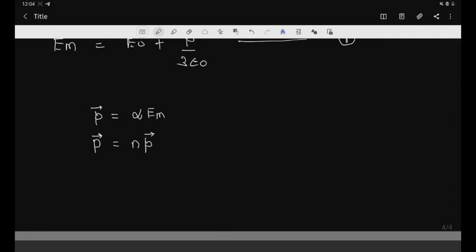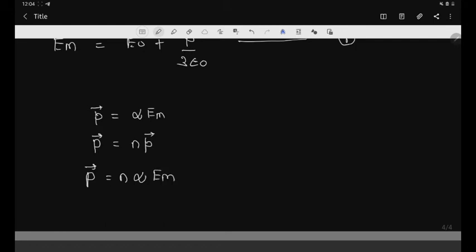So we can combine this, and we can write the polarization vector capital P equal to n into dipole moment. Dipole moment is alpha into Em.